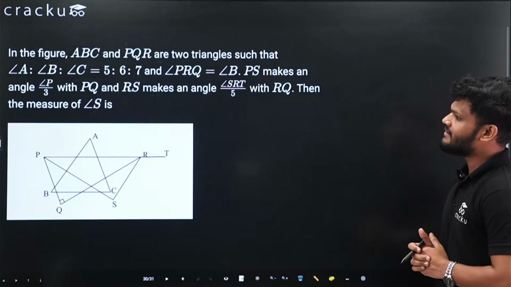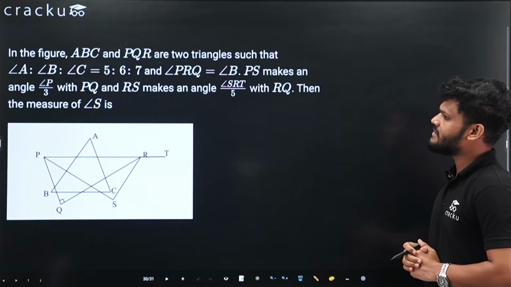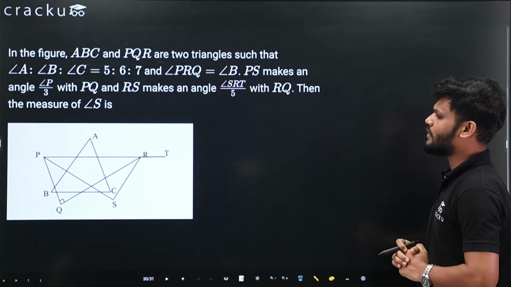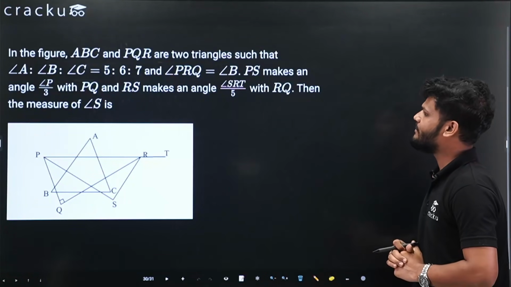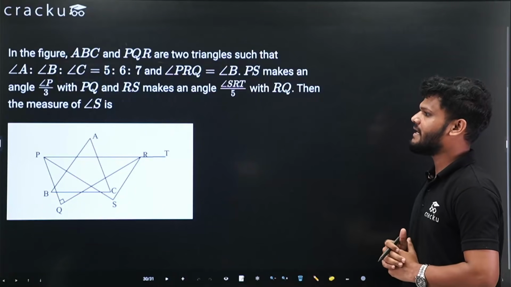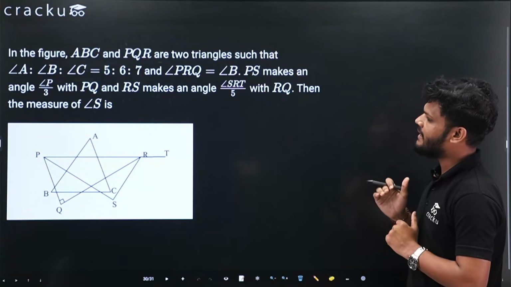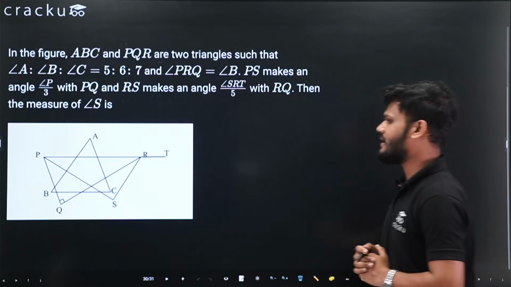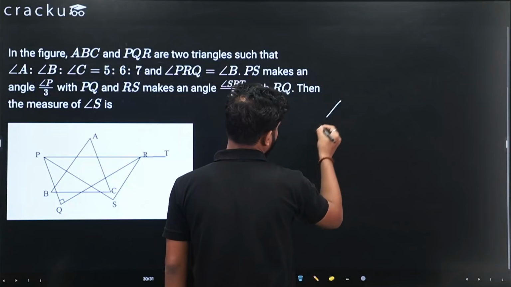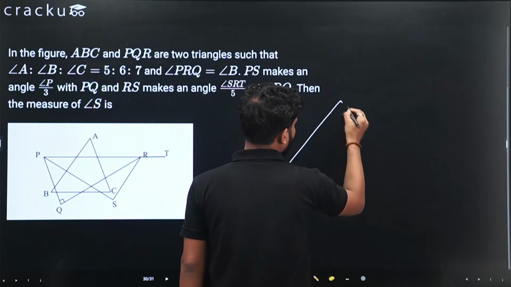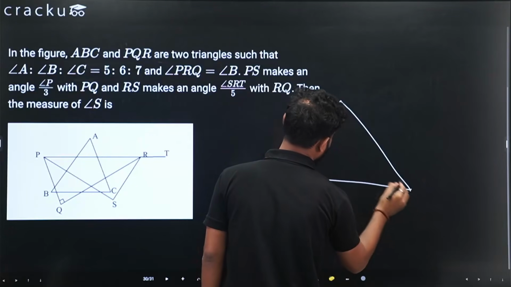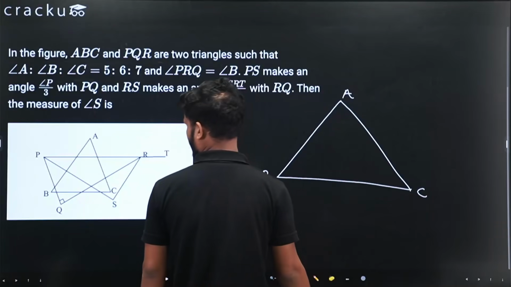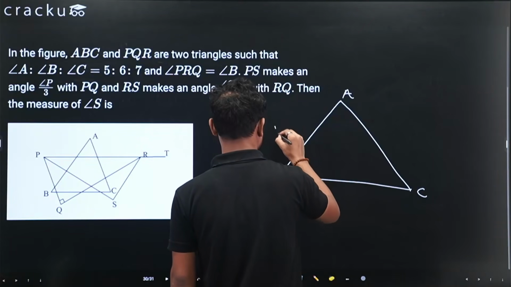In this question, we are asked ABC and PQR are two triangles such that angles of ABC are in the ratio 5:6:7 and angle PRQ equal to angle B. PS makes an angle P by 3 with PQ and RS makes an angle SRT by 5 with RQ. Then the measure of angle S is what? Let us first draw the figure. I have A, B and C. Then I have this PQ.